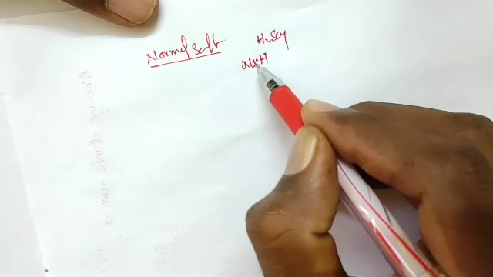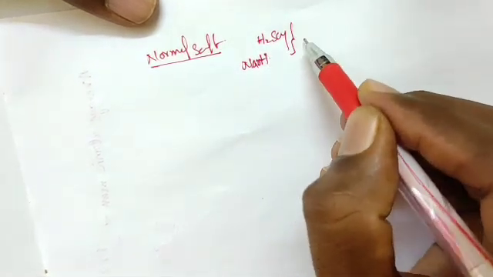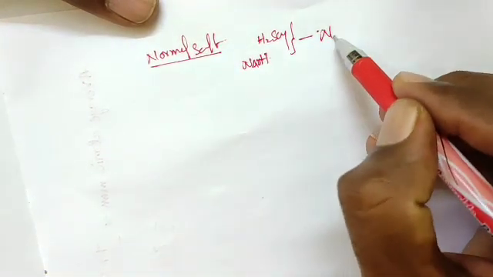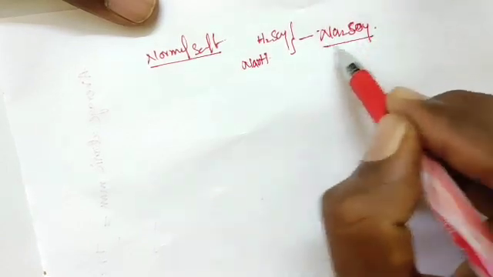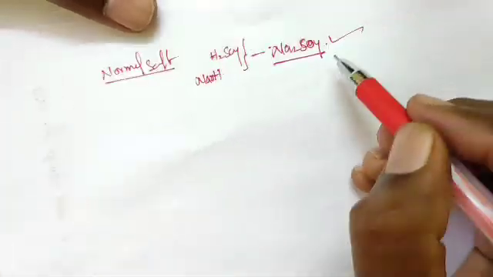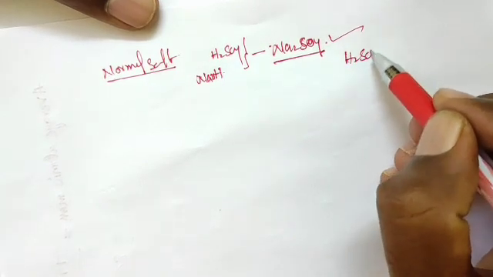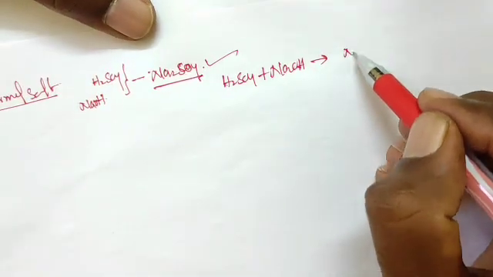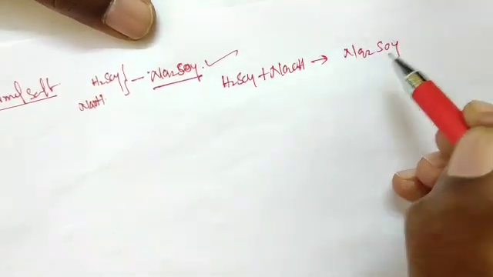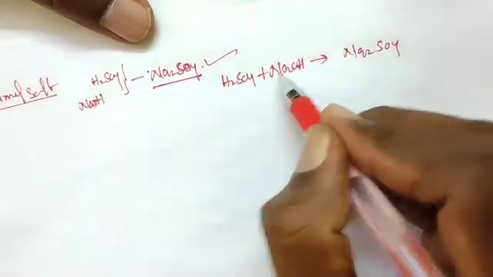Strong acid and strong base, NaOH, give Na2SO4 salt. We know that it is a normal salt. H2SO4, a strong acid, with NaOH, also a strong base, gives Na2SO4 plus H2O for balancing.